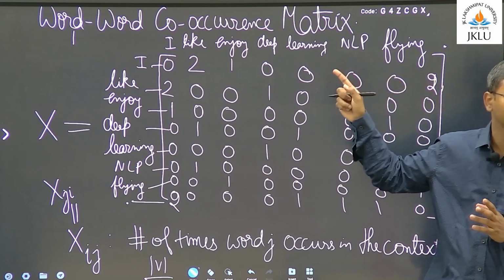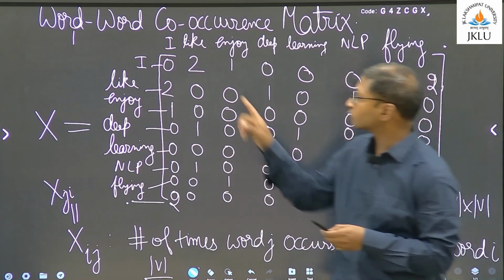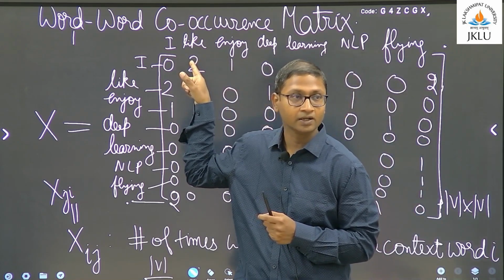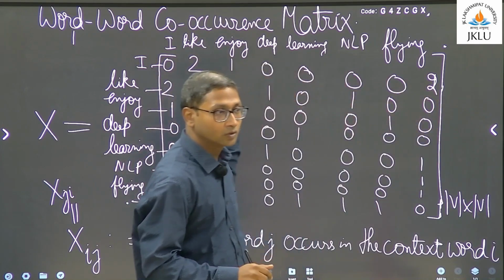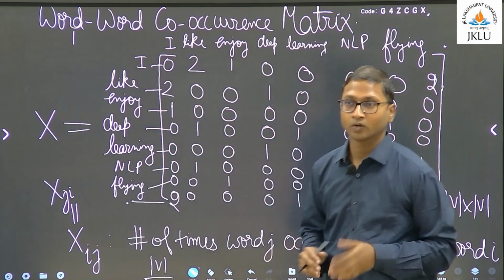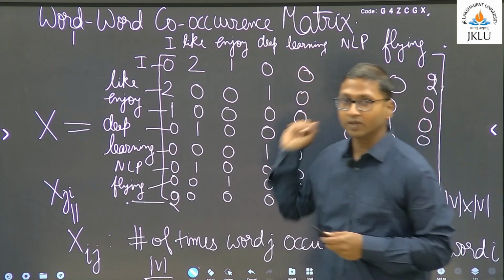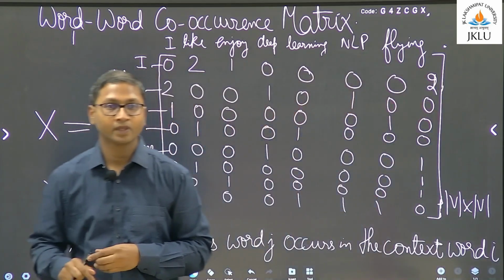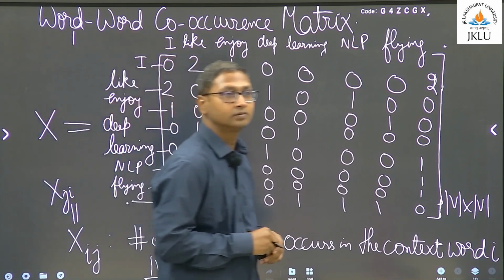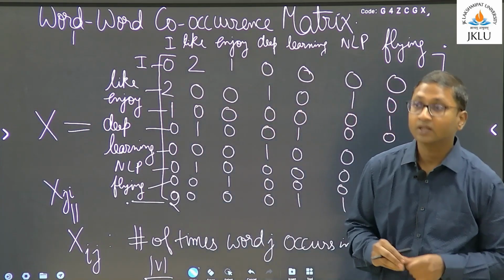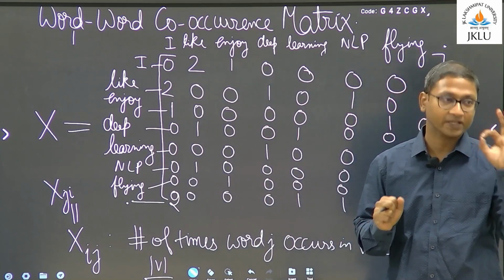Two by 5, right? So all you are supposed to do is take Xij from here and divide it by the sum of the row. And what is that giving me? The probability that like occurs in the context of I. This is how they are defining this Pij.